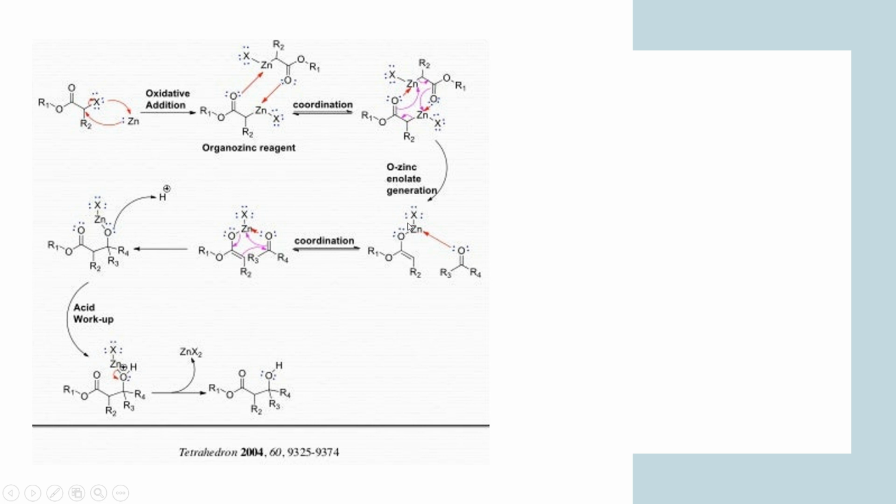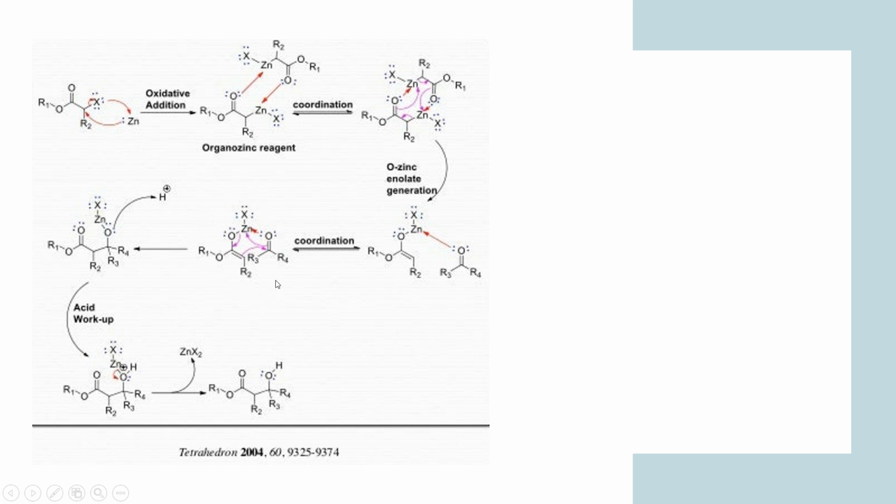This is the enolate which is forming now, and that enolate will undergo nucleophilic addition to the electrophilic center of the carbonyl compound in the reaction. So this is the main transition state.